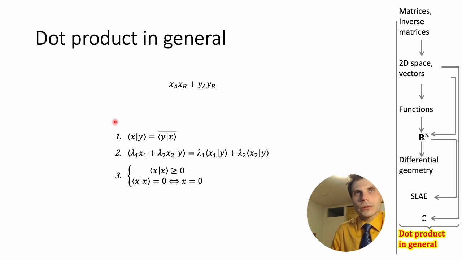So when you find an operation for which all these three axioms are satisfied, then this operation can validly be a dot product. That's what I want to say.